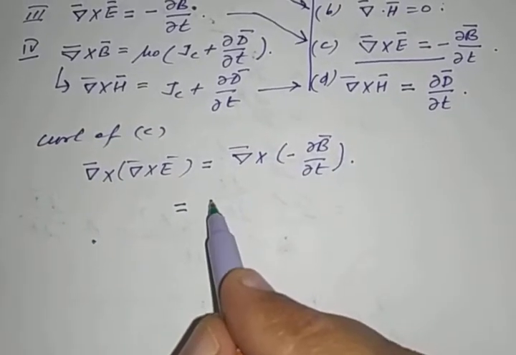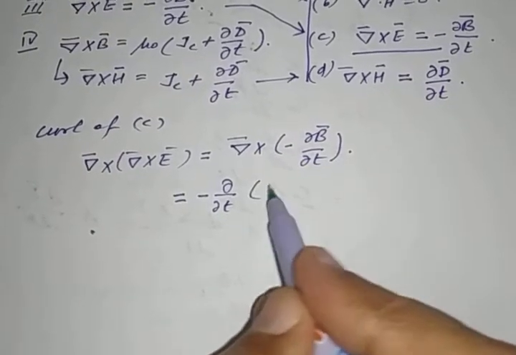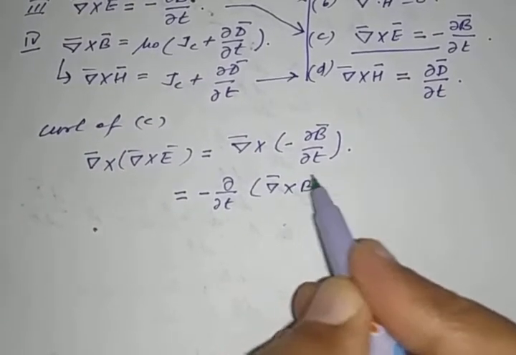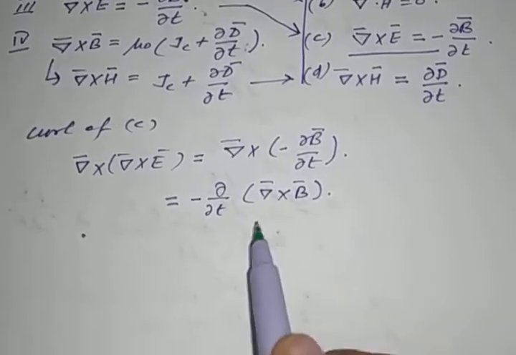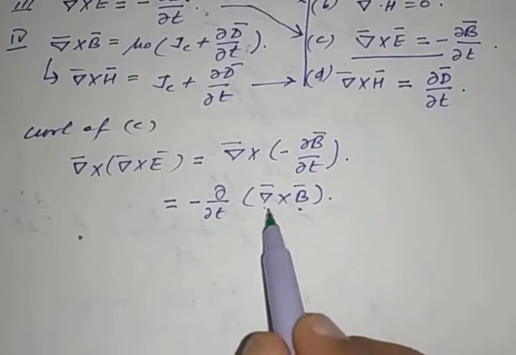Remove this inside and it will be del by del t of this one. So we see that it's a curl of magnetic flux density B.